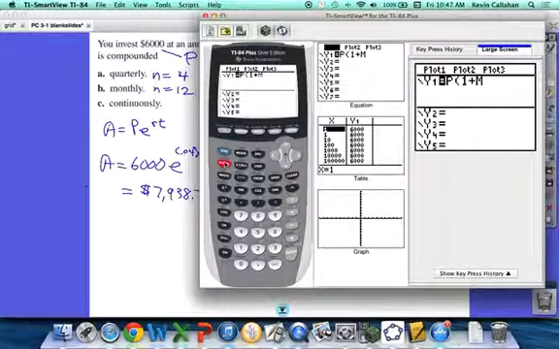I think I got the wrong one. It's on the times. Yep. Right, divided by the X, which is the number of compoundings. Right. And then I'm going to raise that all to the NT power. The N is the X. And then it's alpha T. 4.